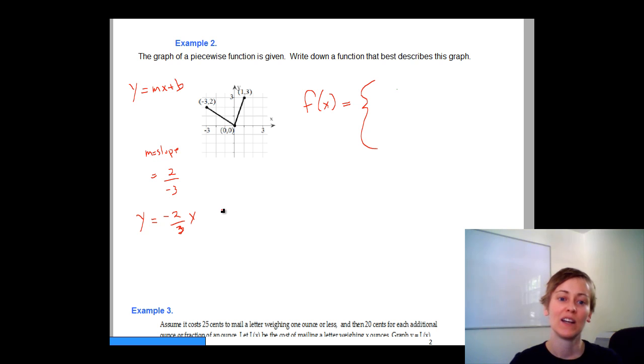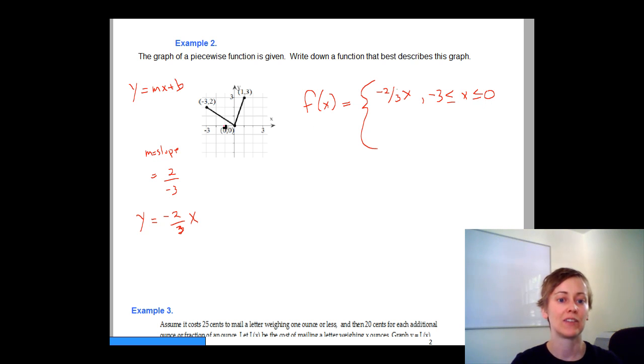Okay? So I'm going to put that in. y equals, that's already there, negative 2/3 of x. And when is this true? It's only true for x being between negative 3 and up to x equals 0. So I'm going to have to write that. Negative 3 can equal that, or up to 0, and including 0.